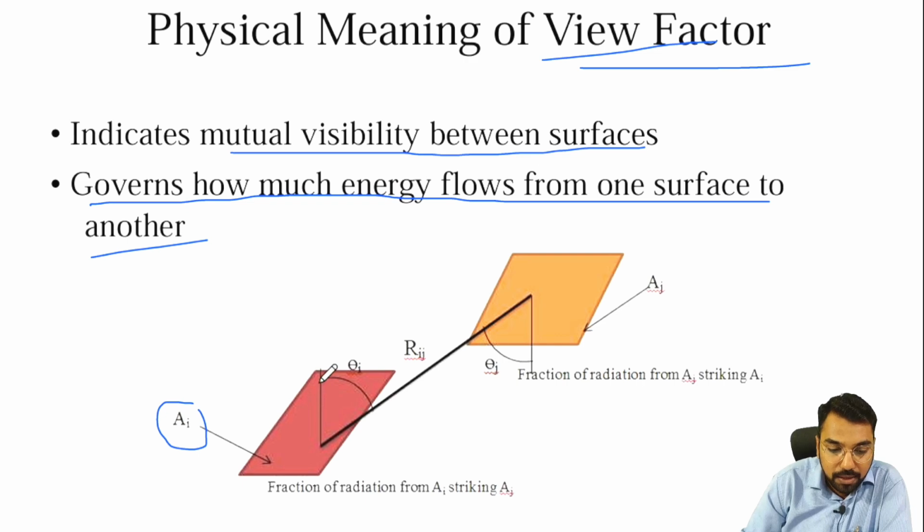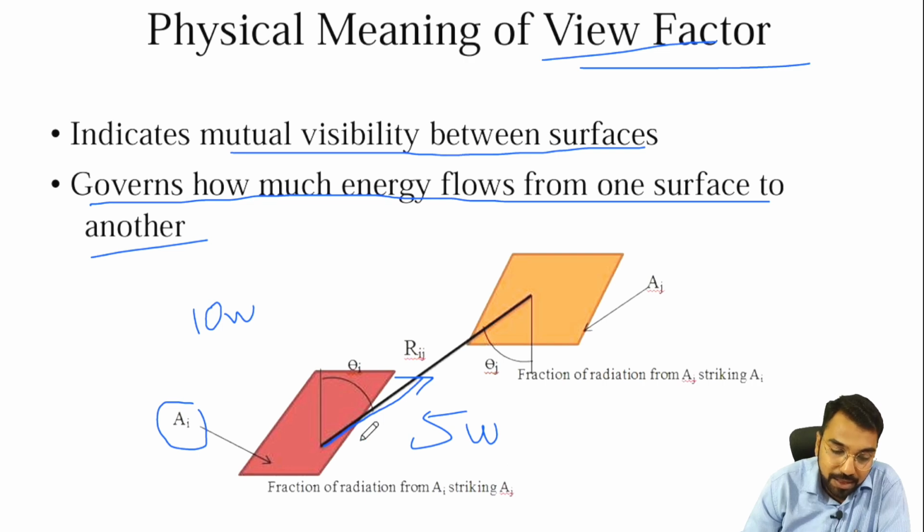If this surface emits, let's say, 10 watts of heat in total, but another surface with a certain orientation in the theta direction has 5 watts of potential, then 5 watts out of the 10 watts will be emitted toward this surface, and this surface will absorb 5 watts of heat energy.